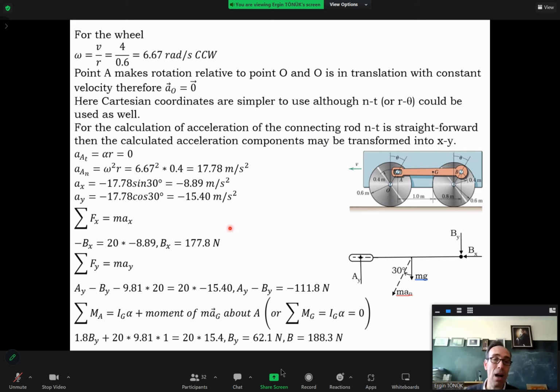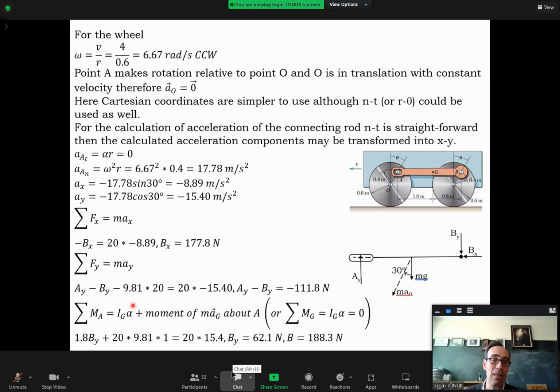So what I will be doing is I'll sum up the X forces equated to MAX, sum up the Y forces equated to MAY, and normally what we do is we take moment of the forces about G and equate it to IG alpha, where alpha would be 0.